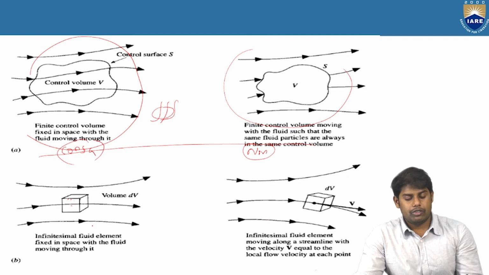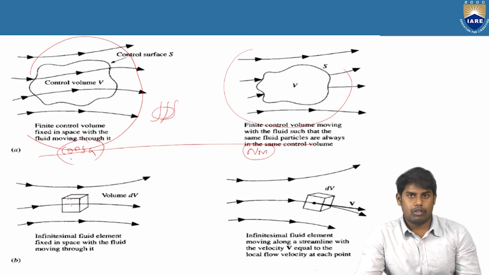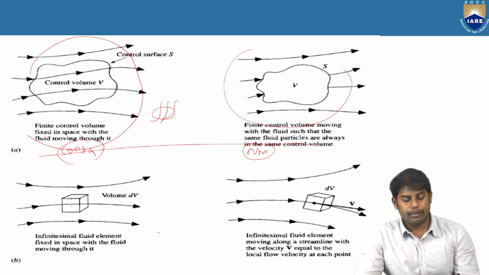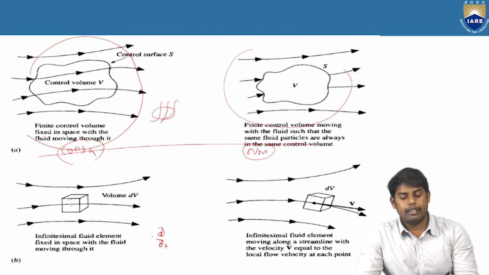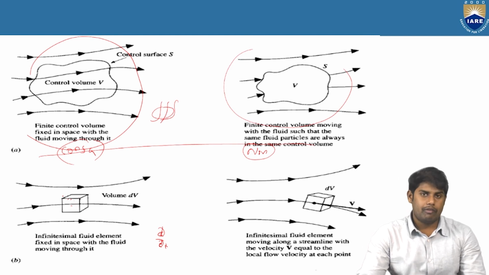The difference between the control volume approach and the fluid element approach is that here we derive the differential form of equations directly, while there we derive the integral form. But in whatever case, if the control volume or fluid element is fixed in space, we derive the conservative form. If it is moving with the flow, we derive the non-conservative form of governing equations.